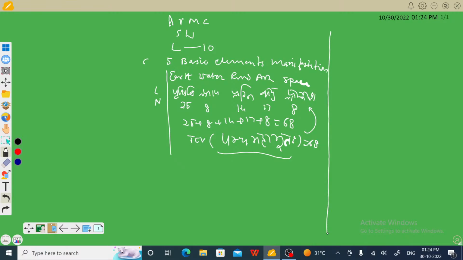starting with Earth, Prithvi, 25, water, Apa, 8, fire, Tejas, 14, air, Vayu, 13, space, Akash, 8.